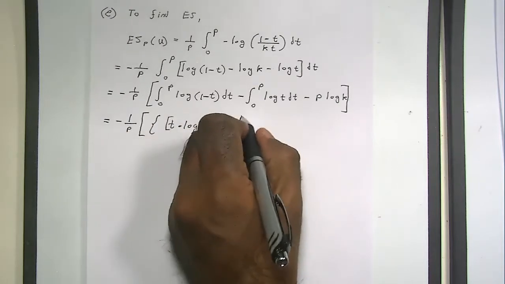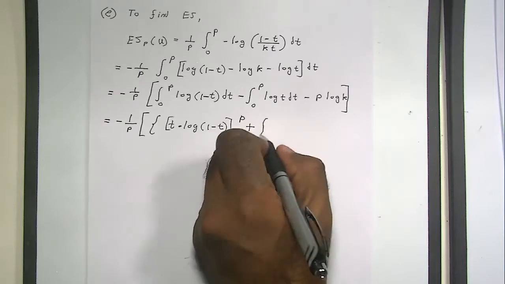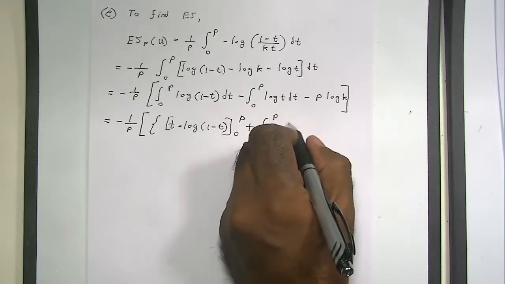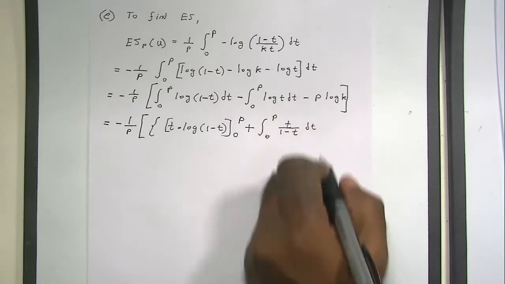We get 0 to p, then 0 to p of t divided by 1 minus t dt. This is what you get.